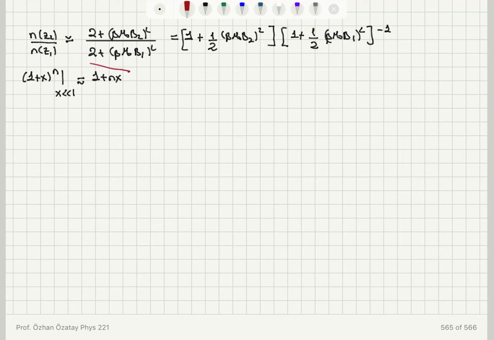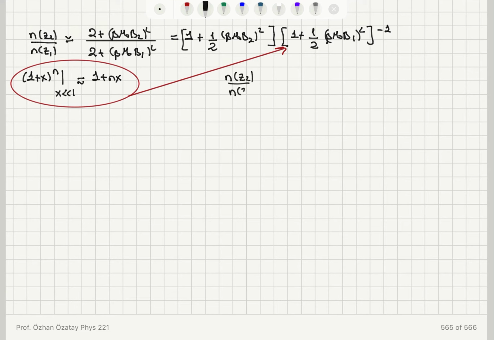I'm using this for this term, and this is going to give me n of z2 divided by n of z1. If I want to simplify this further, this will be 1 plus 1 over 2 beta mu 0 b2 squared multiplied with 1 minus 1 over 2 beta mu 0 b1 squared.